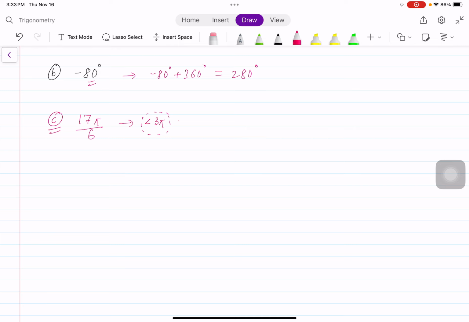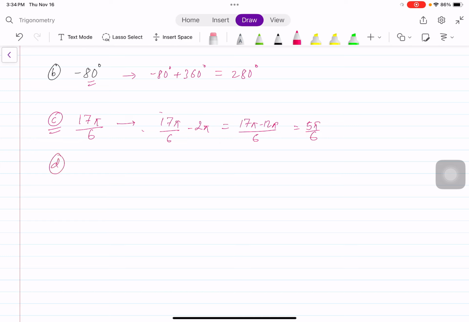So if we subtract 2 pi, that will be sufficient. So let's subtract 2 pi from the given angle: 17 pi minus 12 pi over 6 is 5 pi over 6. Now you can see that 5 pi over 6 is less than 2 pi.